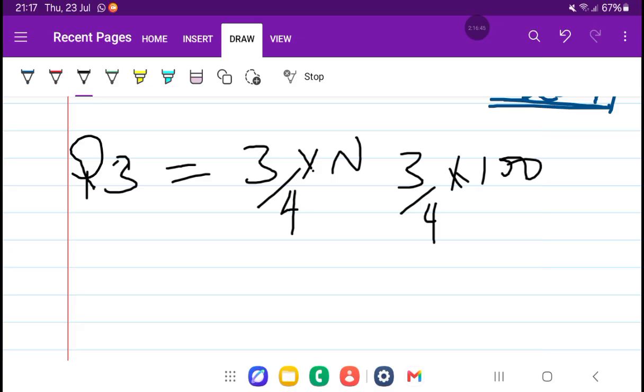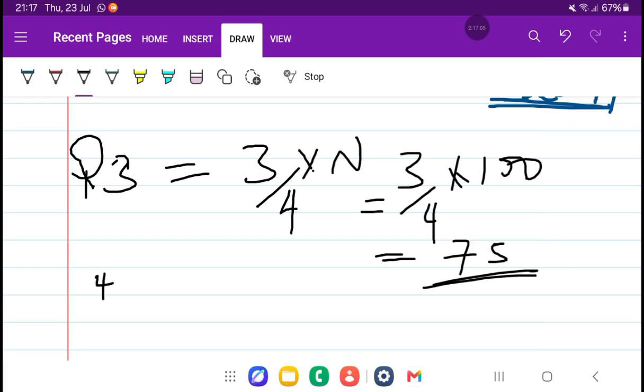This will give you 75, the 75th position. So we look into the cumulative frequency to get the class. We don't have 75, but we have 80. So we pick the class that has that 80, which is 40 to 44.